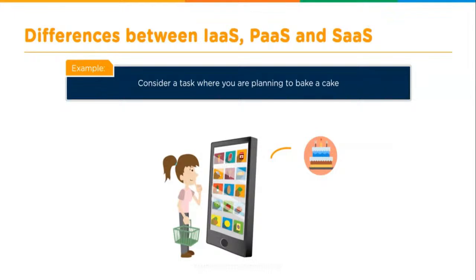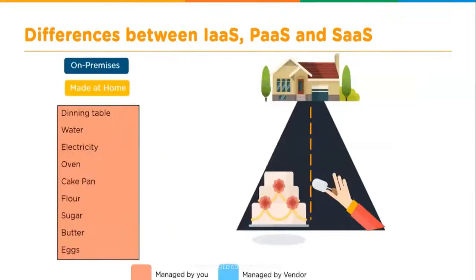You get the idea, right? Everything is yours, and that's on premises. All that you use is owned by you and nothing is managed by the vendor. You have to prepare everything yourself.